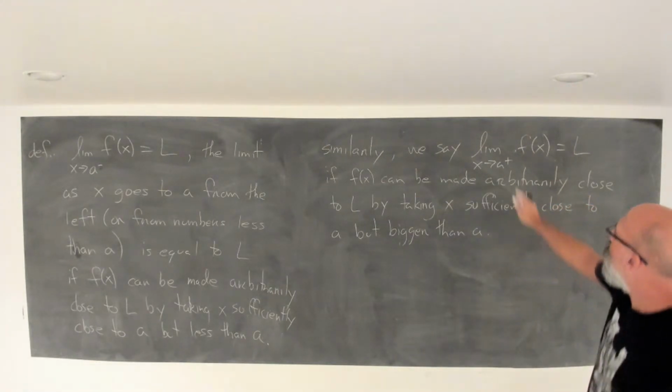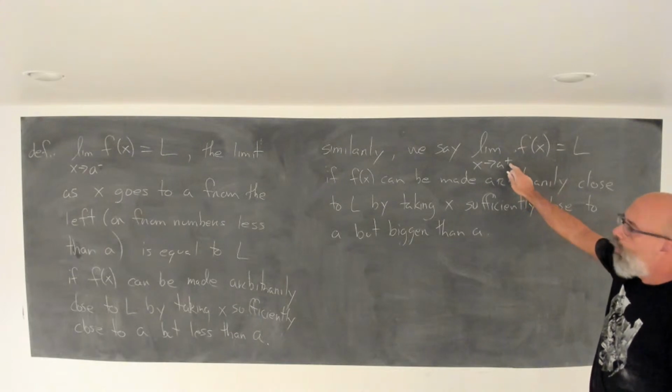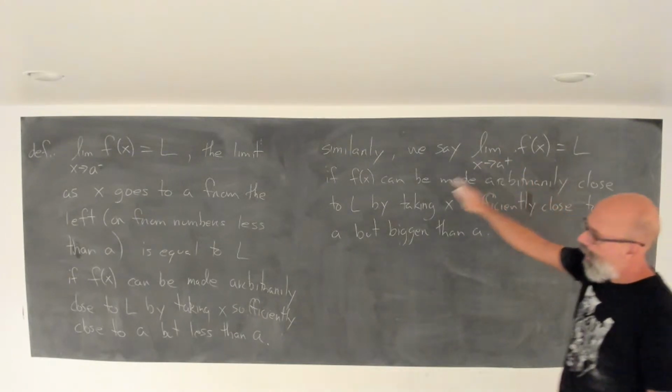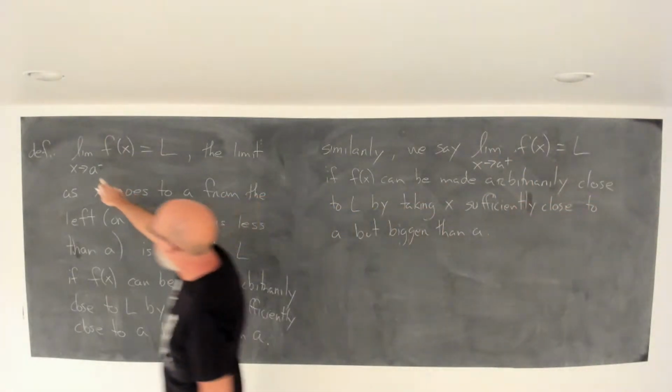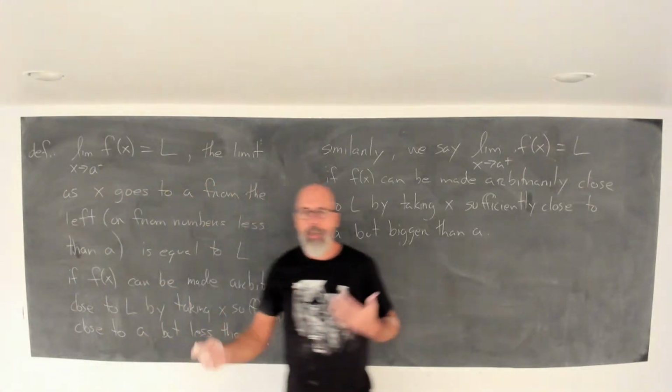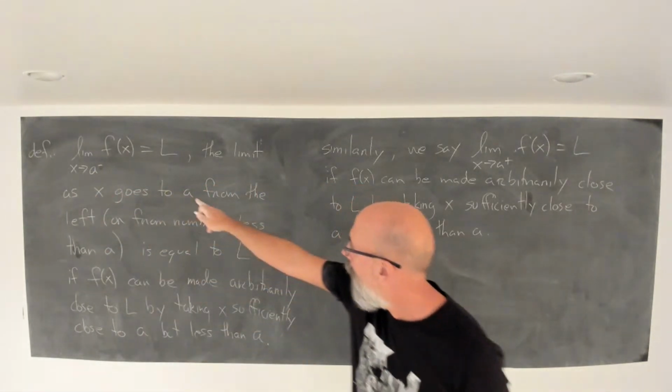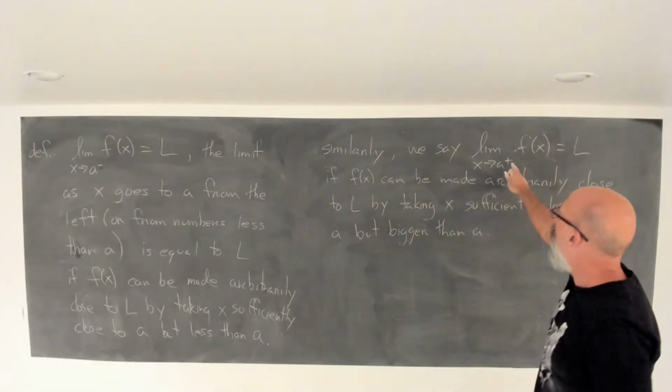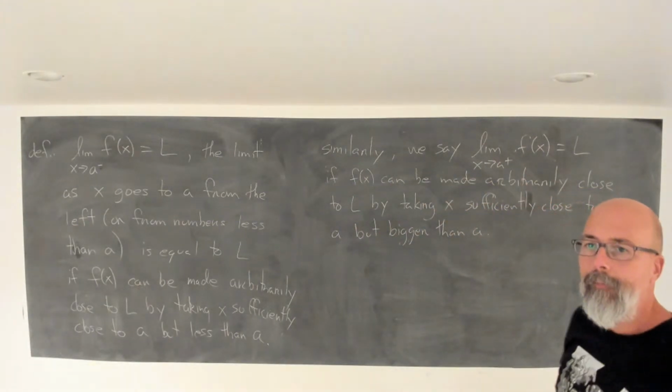As x goes to A with a plus here, as opposed to A with a minus, to distinguish between the left-handed limit and the right-handed limit.